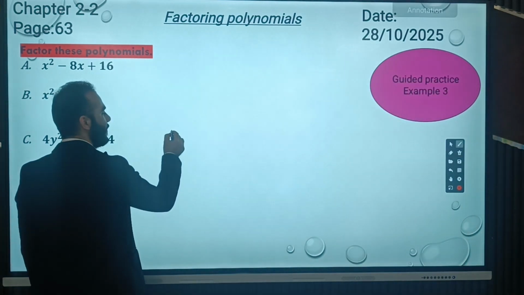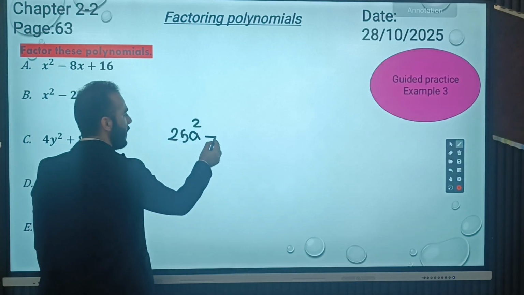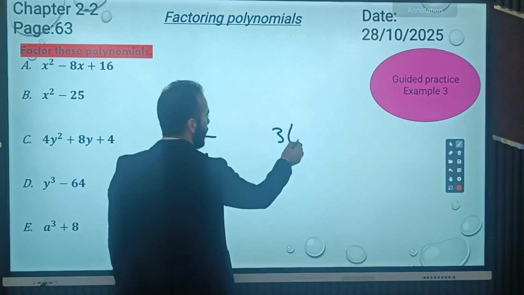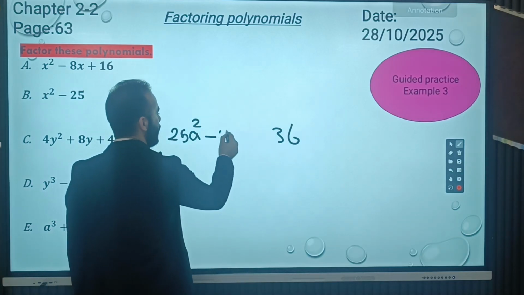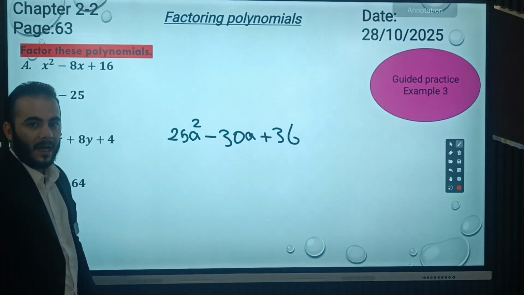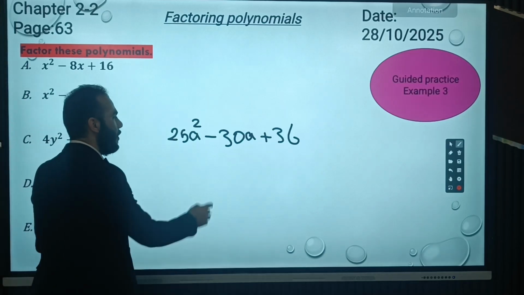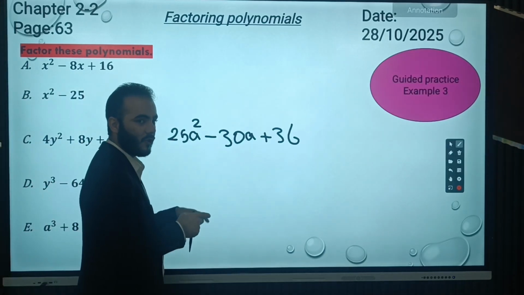So if we have, let's say, 25a squared minus 30a plus 36. Okay, if you have something like this, and the question is factorize it, in that case, we need to write the first term and the last term, which is the third term, in perfect square form.